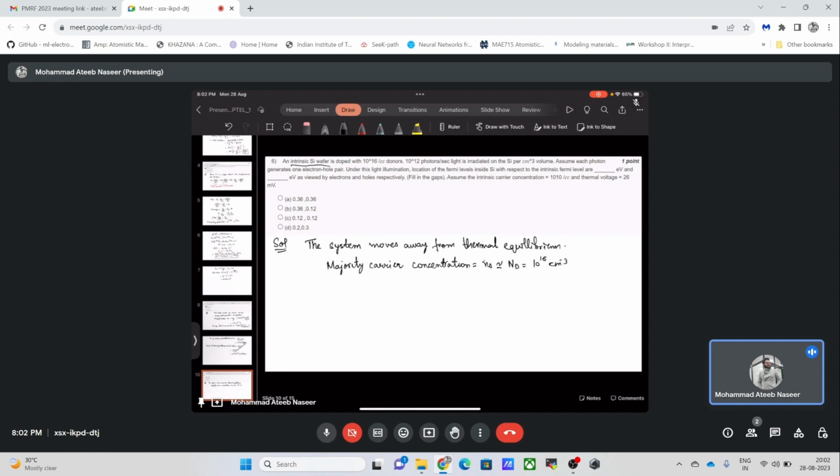So it simply means that the minority carrier concentration is equal to P naught, which is equal to Ni square by Nd. Ni is 10 to the power of 10, so it is 10 to the power of 10 whole square by 10 to the power of 16, which is simply 10 to the power of 4 per centimeter cube.